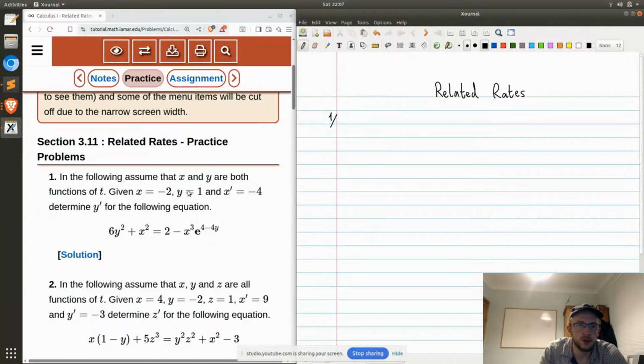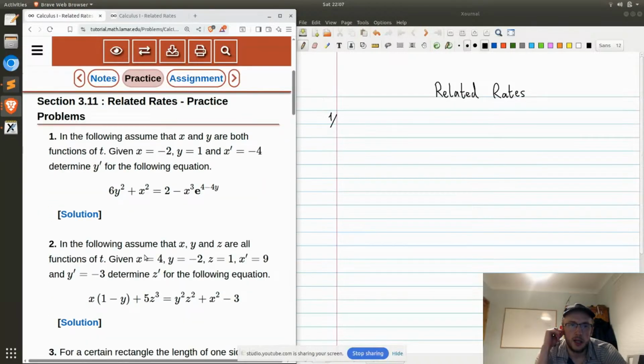Nonetheless, try your best. In the following of t, given that x equals -2, y equals 1, and x prime equals -4, determine y prime for the following equation.